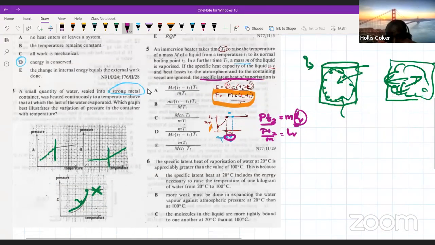So let's see how that works out. My power was capital M by C by (T2 minus T1) all over time T1 seconds. That's the power multiplied by the time for the second one, which is T2, all over m, so small m comes on the bottom.